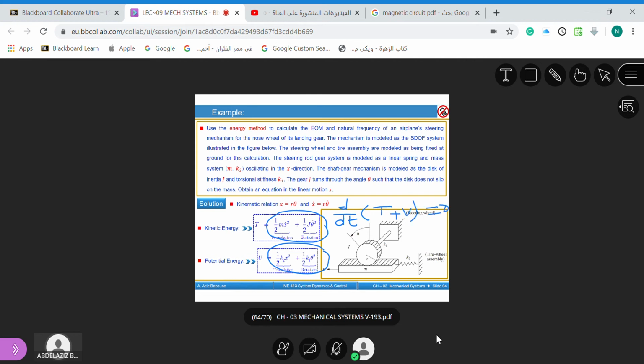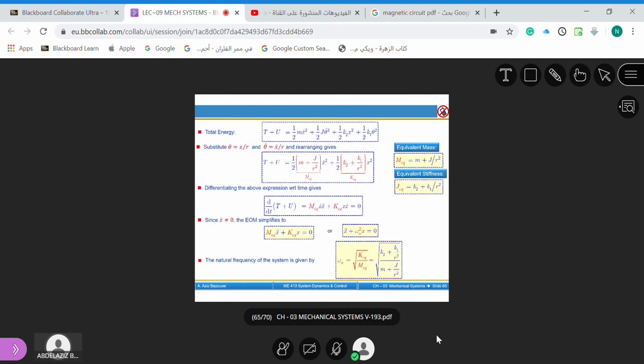This is the kinetic energy here, T, and this one will be the potential energy, U. And since there is the non-slip condition, it requires that theta is equal to x over r, and theta dot will be x dot over r.